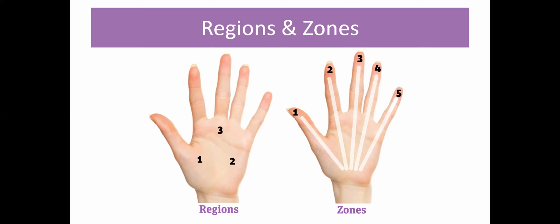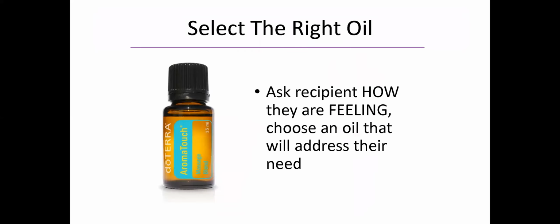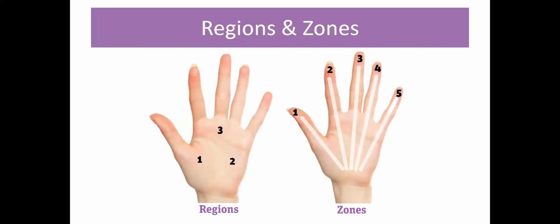Now, with the AromaTouch technique itself, there are 8 specific oils that you use. For the hand technique, you can use different oils, and a really good way of figuring out which oil to use is to ask the person you're applying it to, especially if they're having some kind of discomfort, what would be the best type of oil for them, whether they're having discomfort in their hands or in their chest.